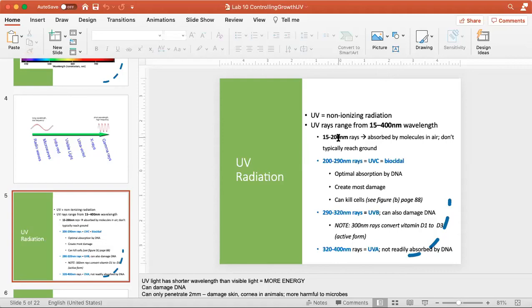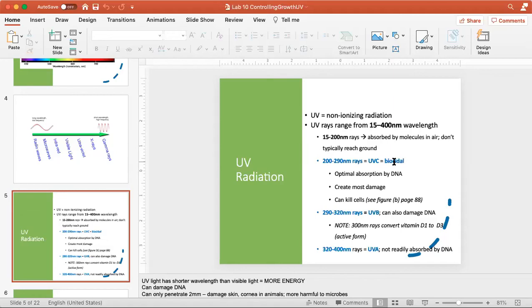So let's start at that 200 end, 200 to 290 nanometer wavelength. This is called UVC. And this type of ultraviolet is what we call biocidal, cidal meaning death.